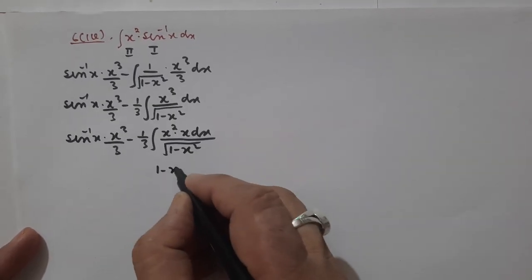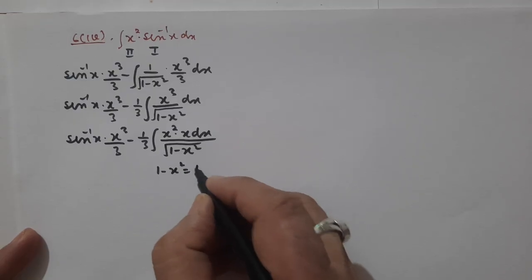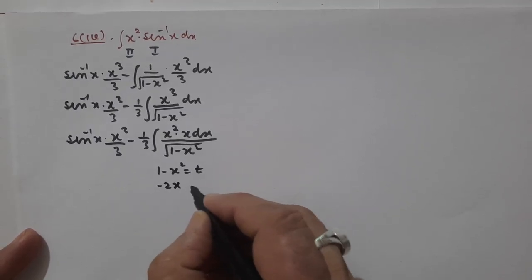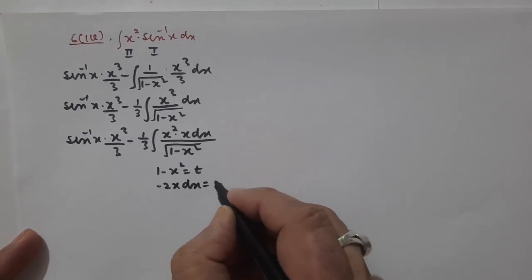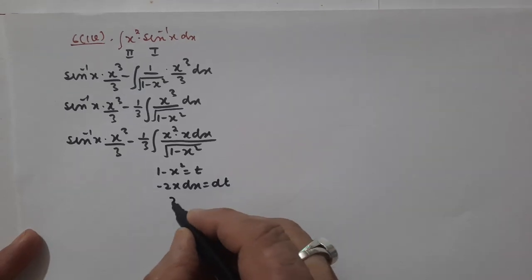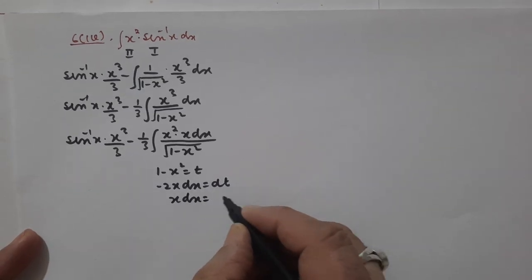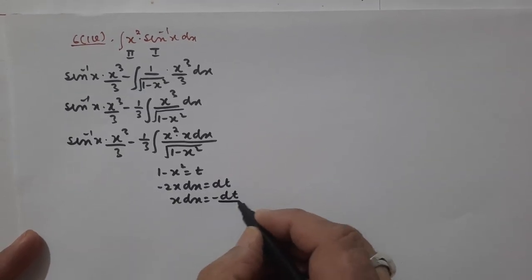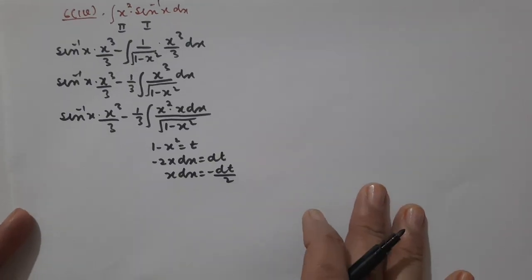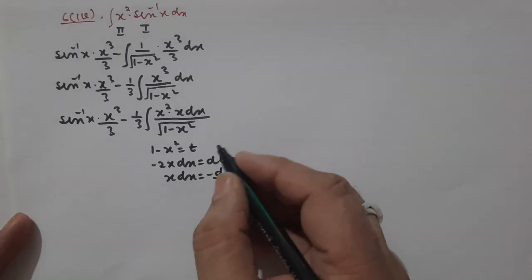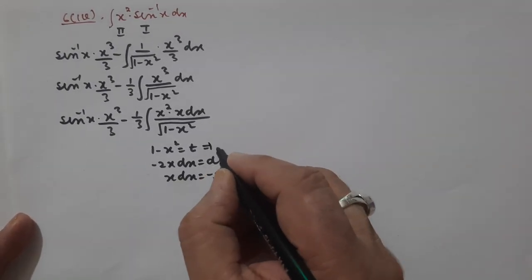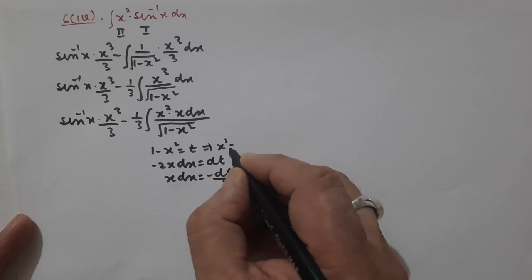Now we write 1 minus x square equal to t. So minus 2x dx equal to dt, so x dx equals minus dt upon 2. Also, the value of x square is 1 minus t.